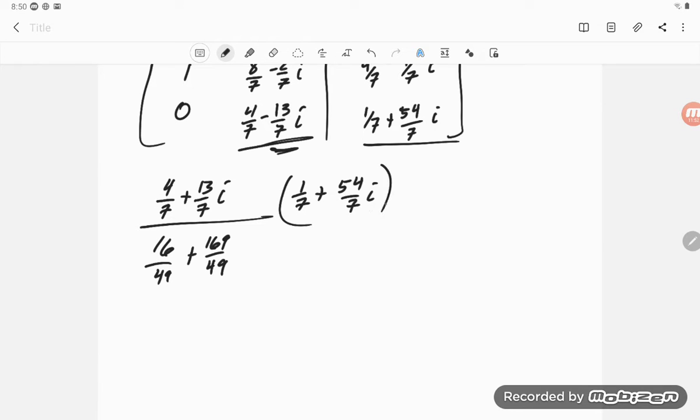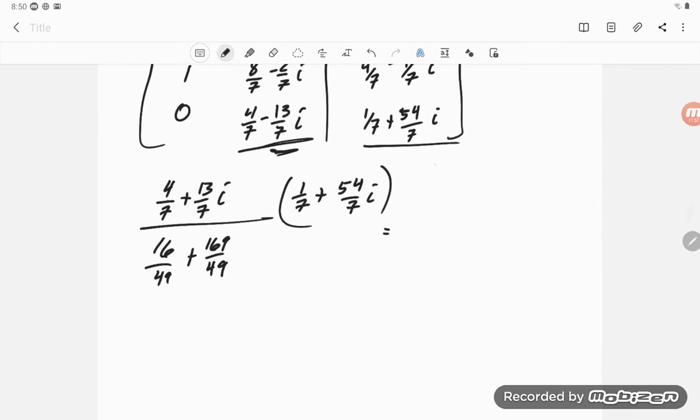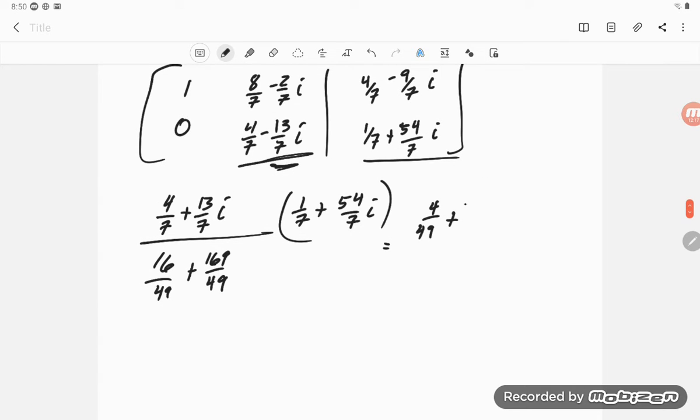So when I do that, this is equal to, well, I have a 4/49 with the 1/7 times the 1/4 times the 4/7, and then the 4/7 times the 54. I believe that is, let's see, 4 times 50 is 200, so I believe that's 216i/49.